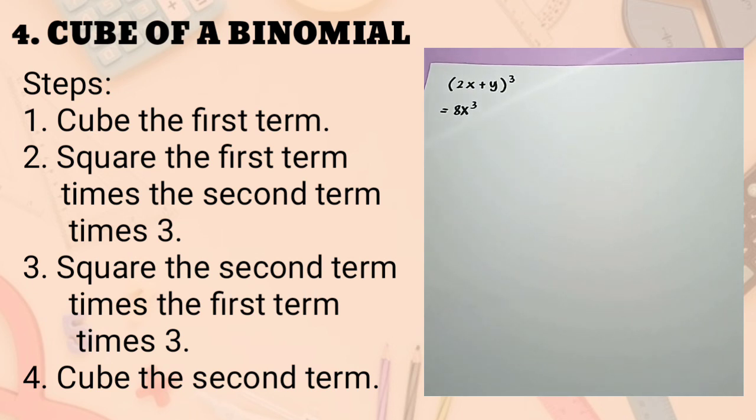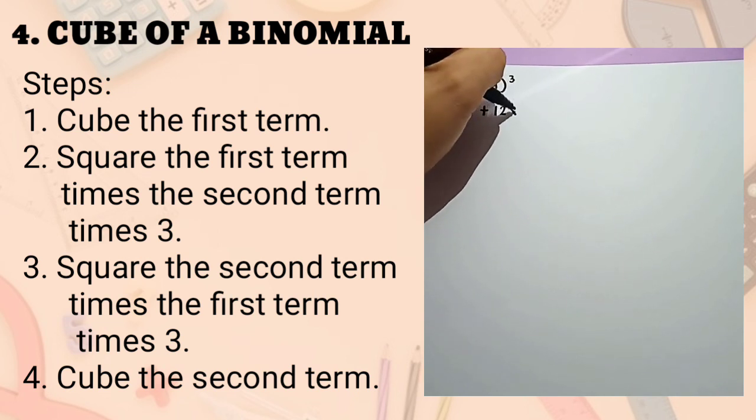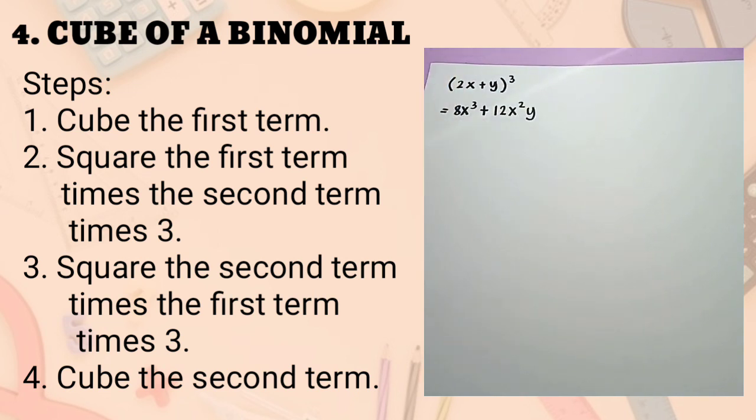Pangalawa, square natin yung first term. So, 2x times 2x ay equals to 4x squared times the second term y. Kaya magkakaroon tayo ng 4x squared y times 3. Kaya, magiging 12x squared y.